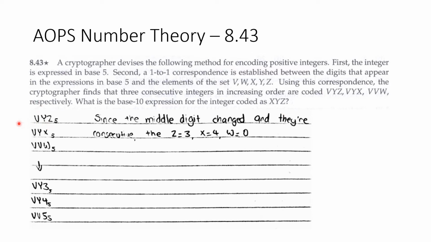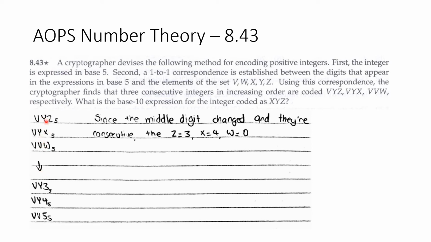So this is VYX, VYZ, VVW, all the way to VY3, VY4, and V(next)0 in base 5. Since the middle digit changed and they're consecutive, that means Z is equal to 3, X is equal to 4, and W is equal to 0.